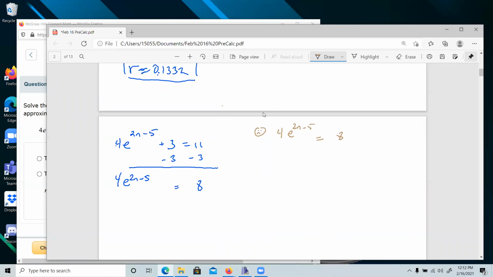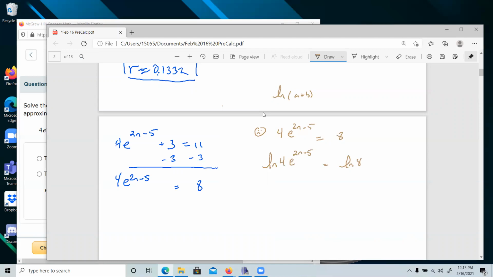You have to get rid of this, because there is nothing you can do with an ln of a plus b except look at it and say, that looks delightful. We're done. So nothing you can do with this. So we have to get rid of this 3. Now, if I take the natural log of both sides, why the natural log? Because every time you see an e, it should be natural log.